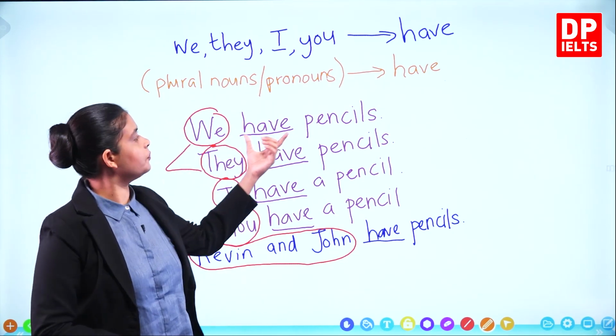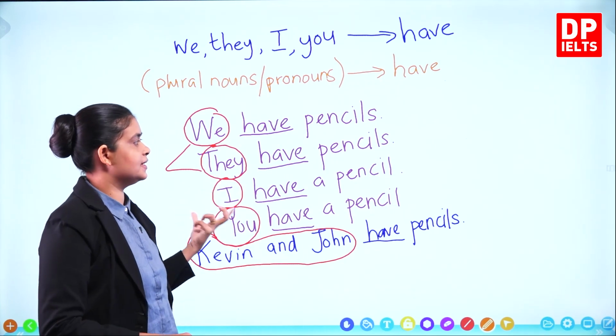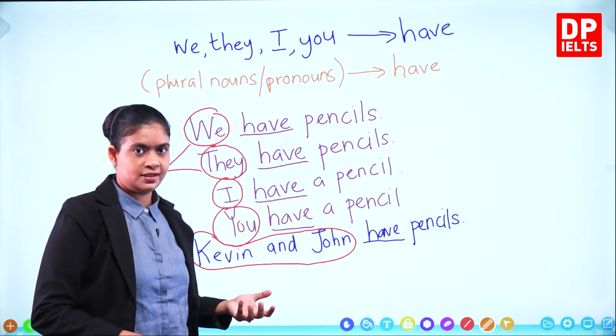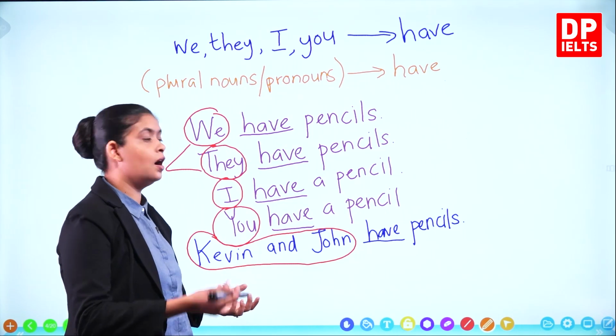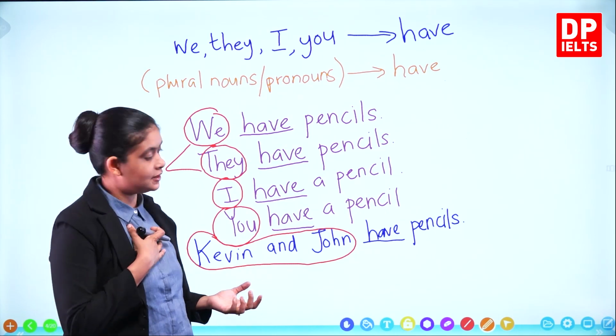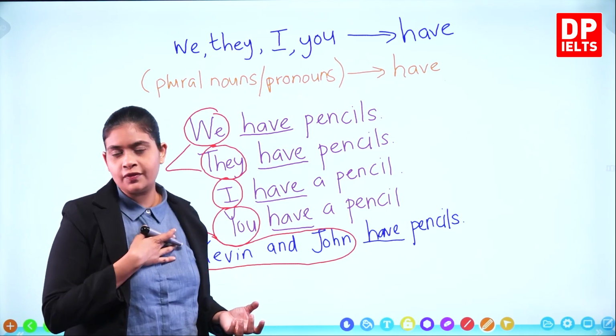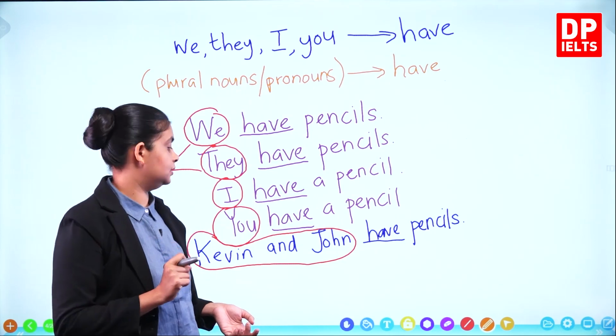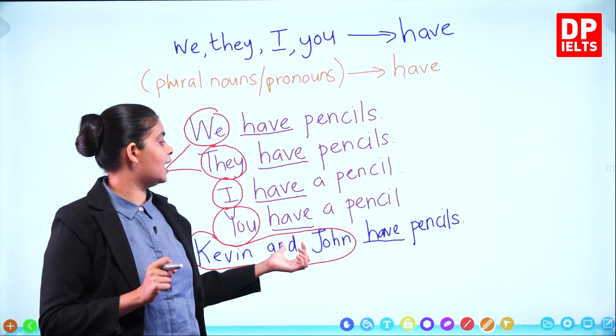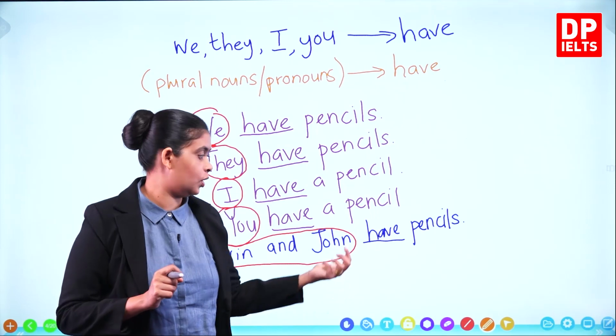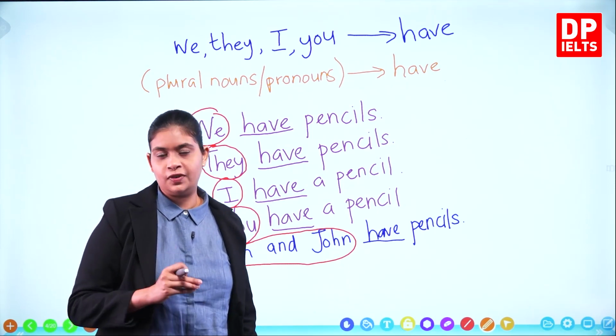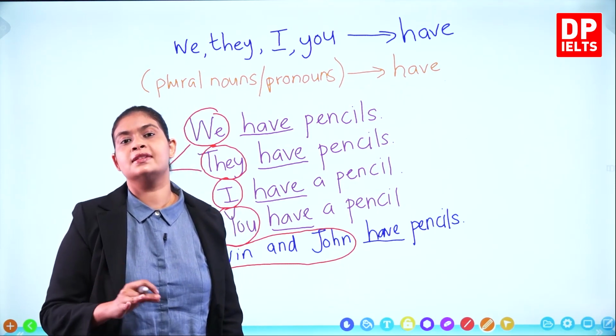We have pencils. අපිට pencil තියෙනවා. They have pencils. ඒගොල්ලන්ට pencil තියෙනවා. I have a pencil. මට pencilක් තියෙනවා. You have a pencil. ඔයාගාව pencilක් තියෙනවා. Kevin and John have pencils. කෙවින්ට සහ ජෝන්ට pencil තියෙනවා.